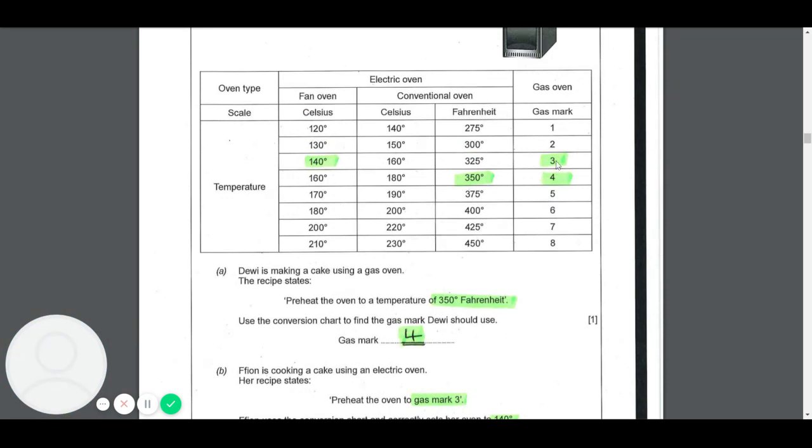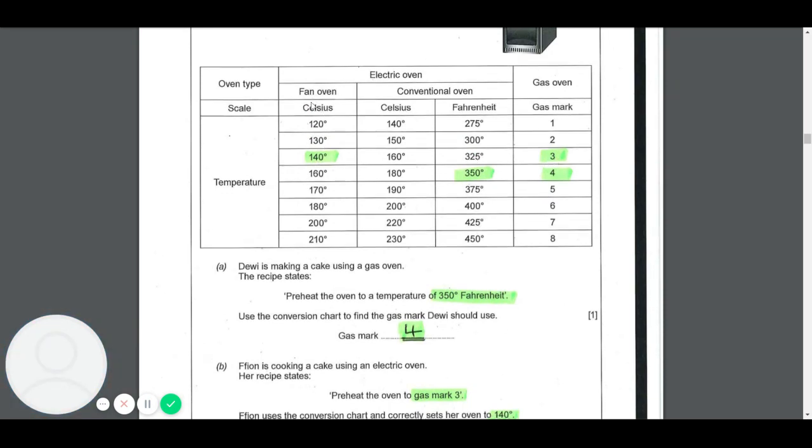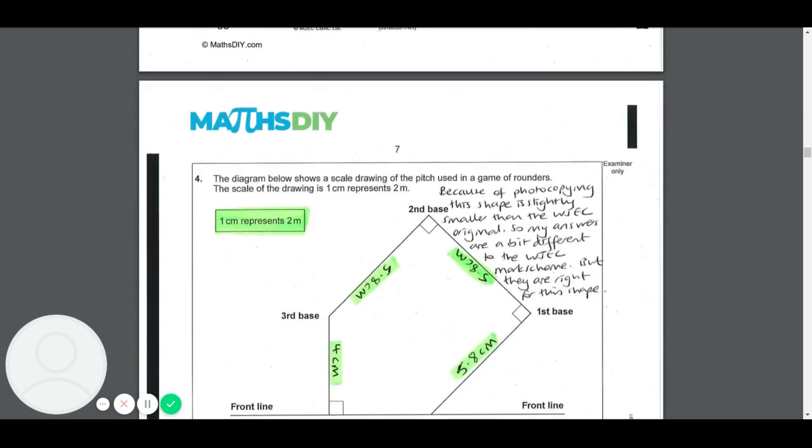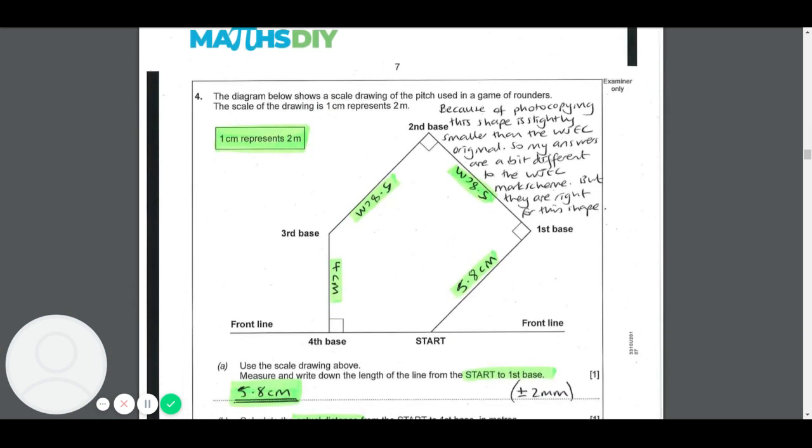So gas mark 3, 140 is a fan oven. And Zoe's cake needs 25 minutes to cook. Fionn's cake needs an hour and a half to cook. How many minutes longer does it take? So you got to know that an hour and a half is 90 minutes, and then just do 90 take away 25. Stick it in your calculator, get the answer 65.